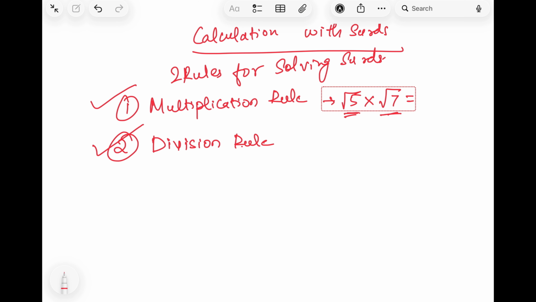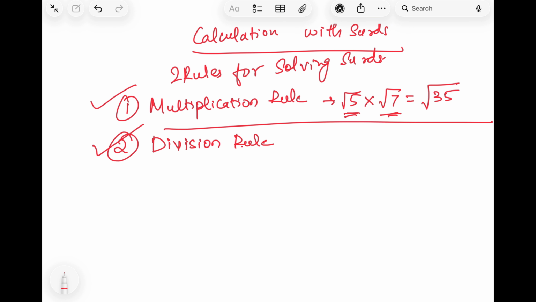So we can simply multiply 5 and 7, we can write square root of 35. Okay, so this is the multiplication rule. This multiplication rule says that when there are two surds and they are in multiplication and they have the same square root, both are in square root, then we can just simply multiply both the surds.